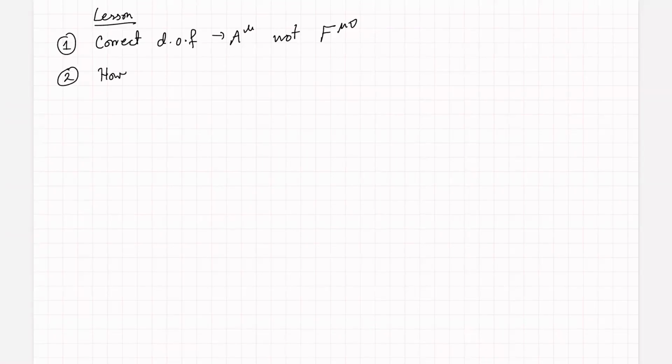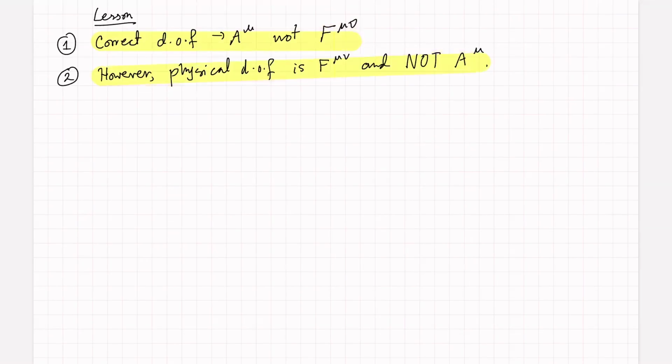However, as is true for classical electromagnetism as well, the physical degrees of freedom, the ones that you observe in experiments or that you can probe by experiment, are captured by F mu nu and not A mu. And this point is basically at the heart of all gauge theory: the degrees of freedom in terms of which the action is written is A mu, but the degrees of freedom in terms of which experiments are performed or observables are measured are F mu nu and not A mu.